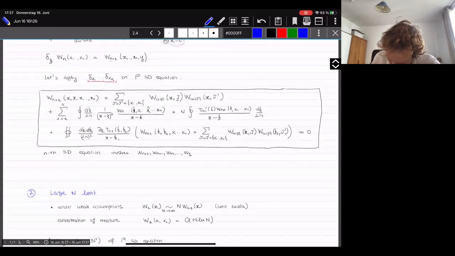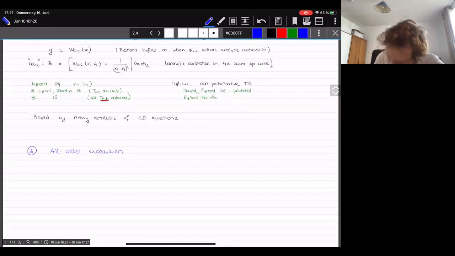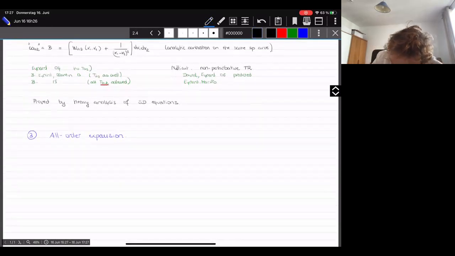So that was two large N limits, all order expansion. Instead of writing the details of the Schwinger-Dyson equation, I'm just going to write the terms it involved.